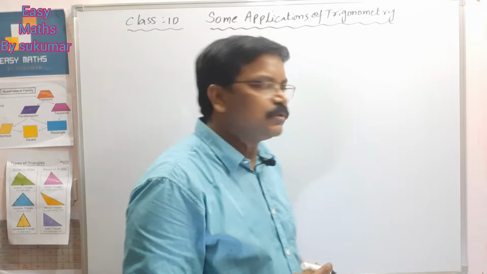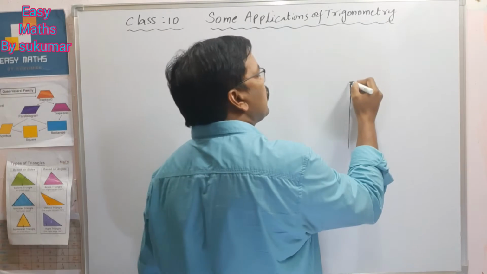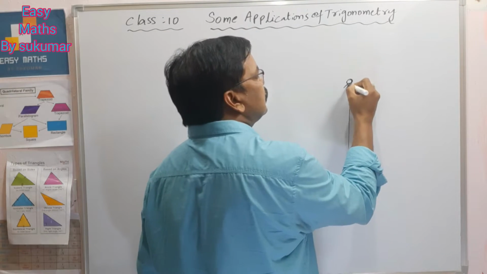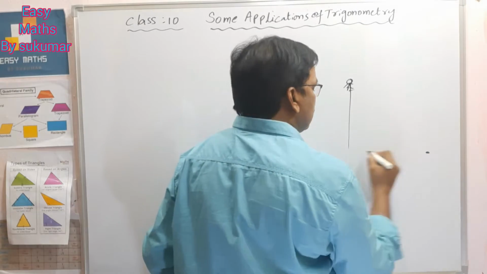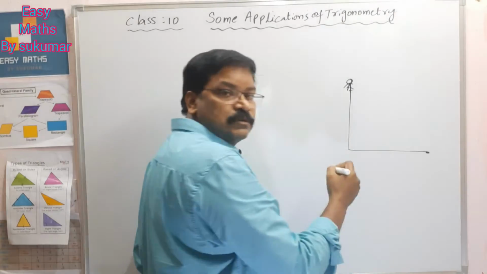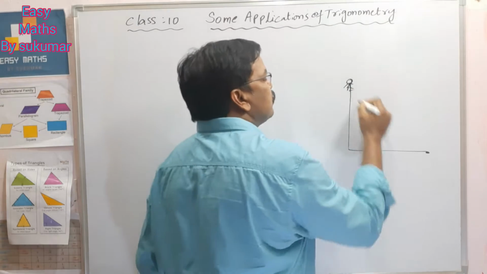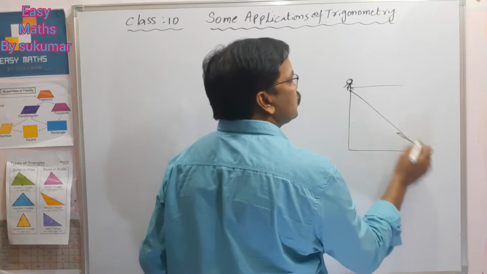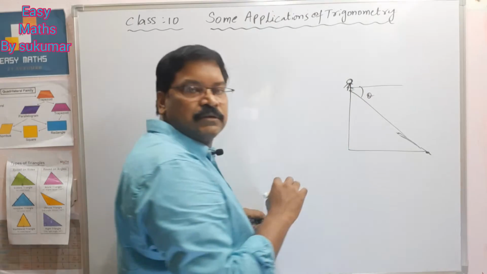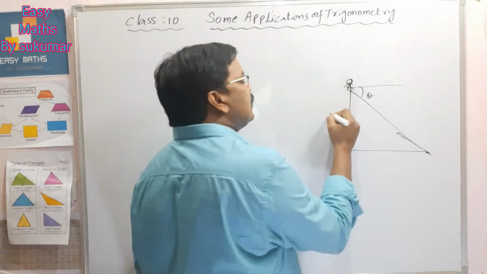See, for example, if you are standing on the top of your school building, here, this is the top of the school building, and observing a boy who is on the school ground with some angle of depression, then you can find the height of the building.